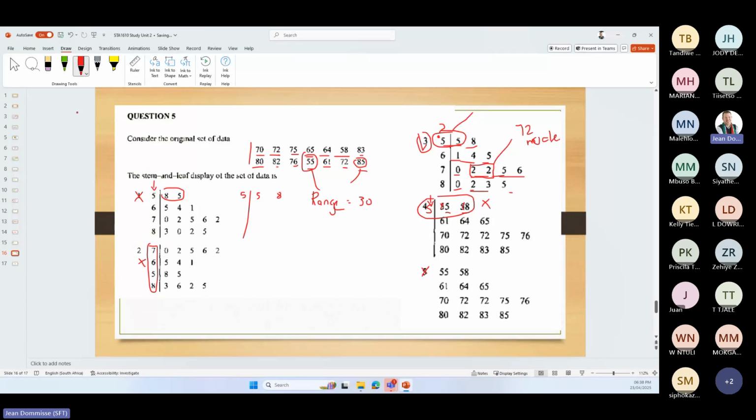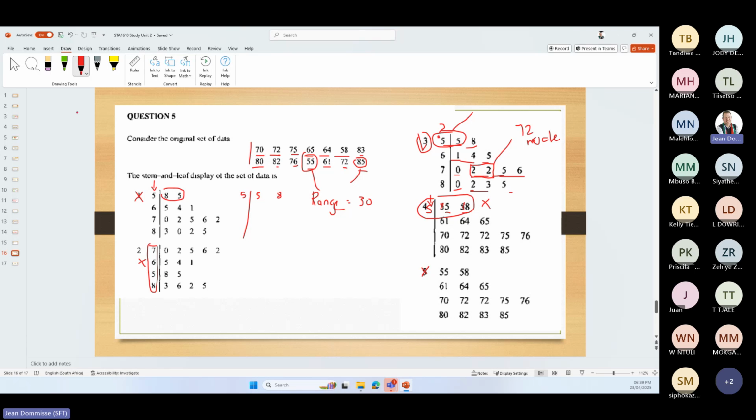So, just showing again that from the same stem and leaf, they can ask you nearly all the questions applicable to study unit 3. That's why something like stem and leaf is so important in the stats module, because they can use it in study units 2 and 3.